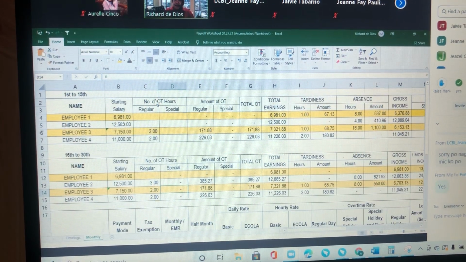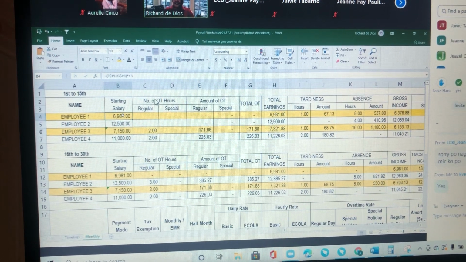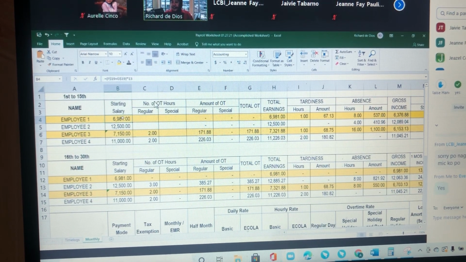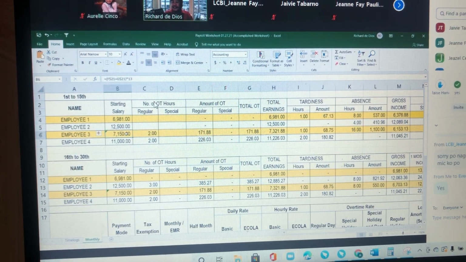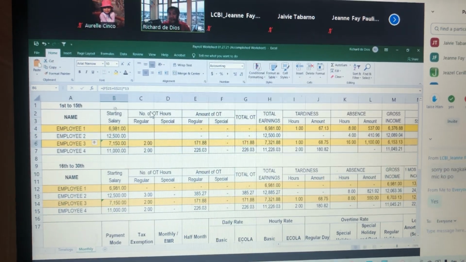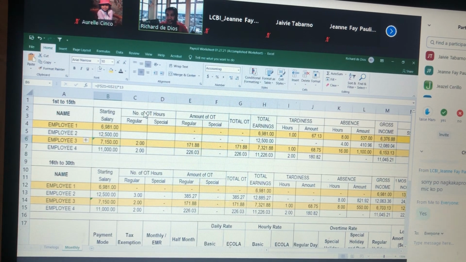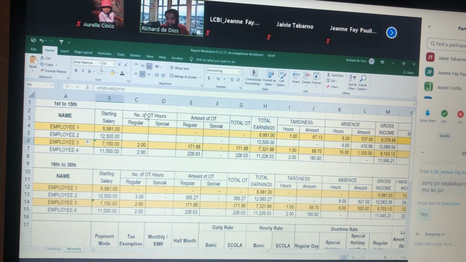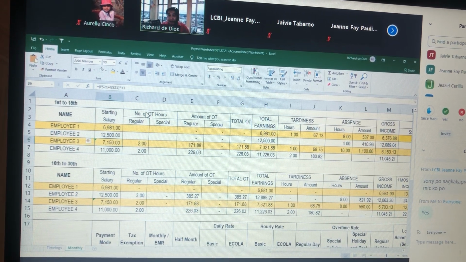So I multiplied 537 by 13, and 550 times 13, and you will be getting 6981 and 7150. Other than this one, there is no difference in computing the payroll for both monthly paid and daily paid employees. Okay? Wala na pong pinag-iba.